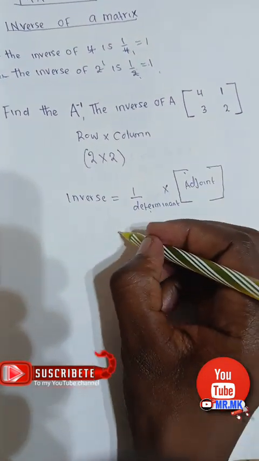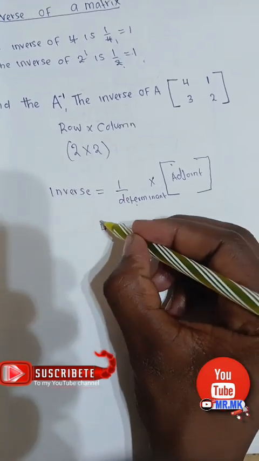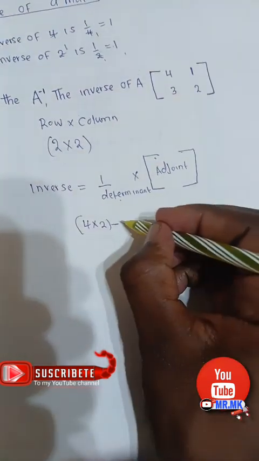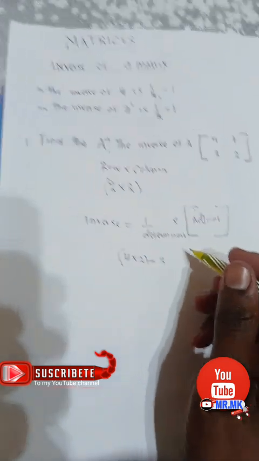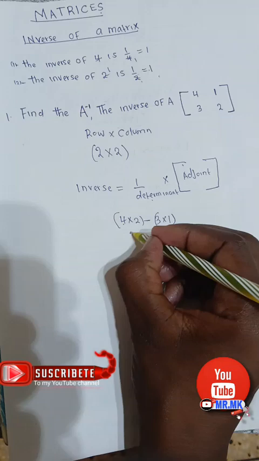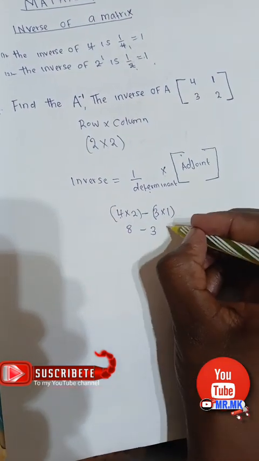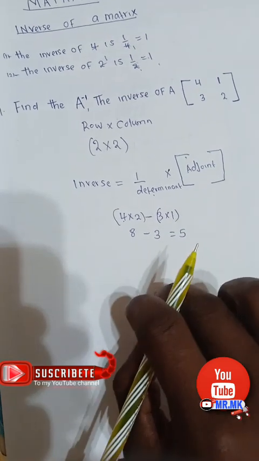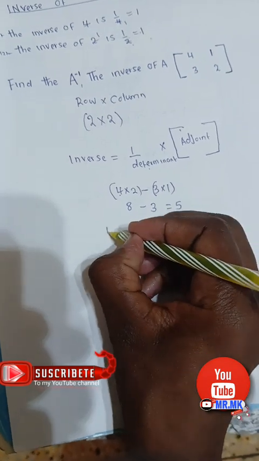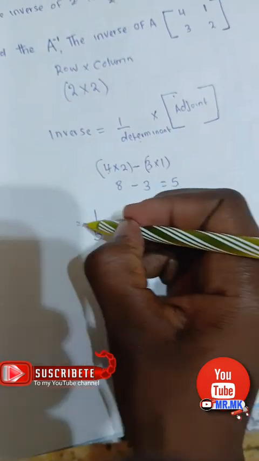It is the leading diagonal, which is 4 times 2, minus the trailing diagonal, which is 3 times 1. 4 times 2 is 8, minus 3 times 1 is 3. 8 minus 3 is 5. Now you write it in the form of an inverse: 1 over 5.